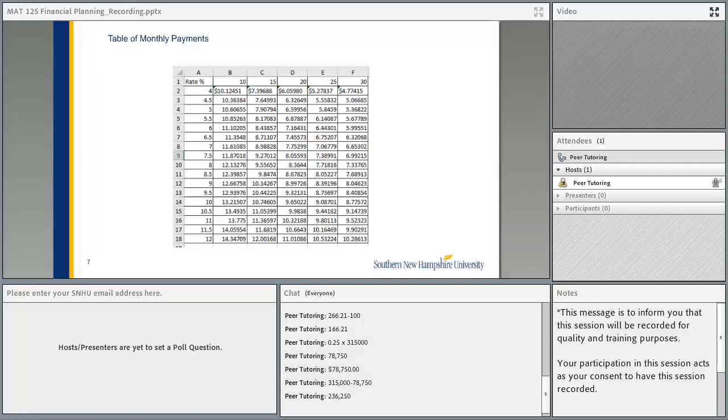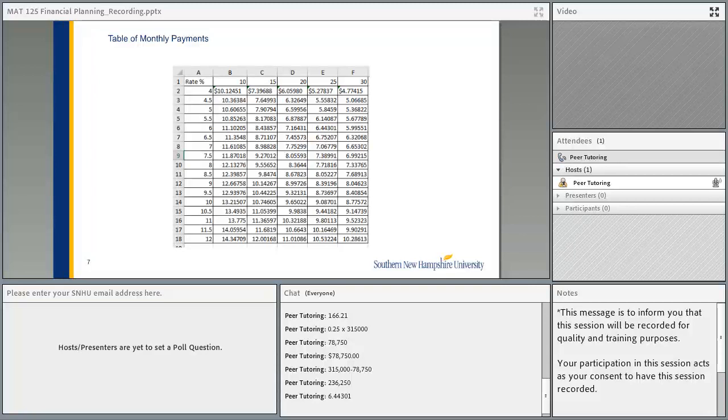This is the monthly payment table per $1,000. So you're going to look under that rate, look for 6%, and then move over to 25 years. So that is going to be 6.44301. Can everybody see that?